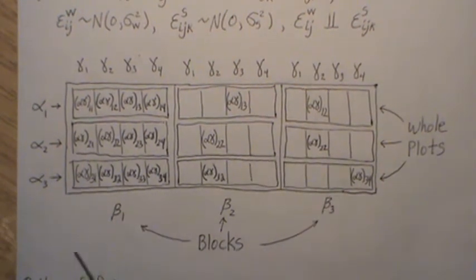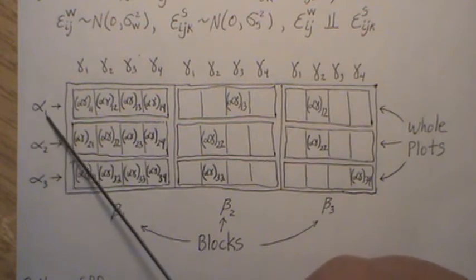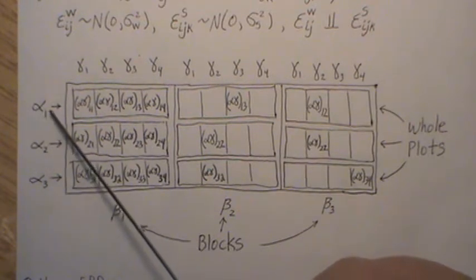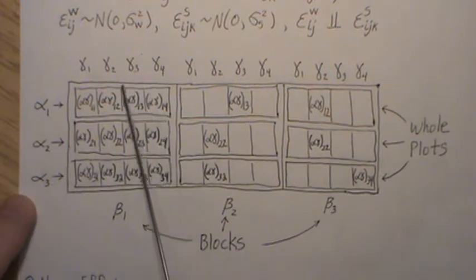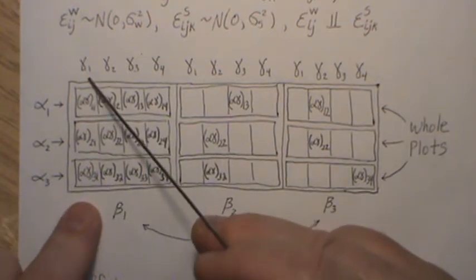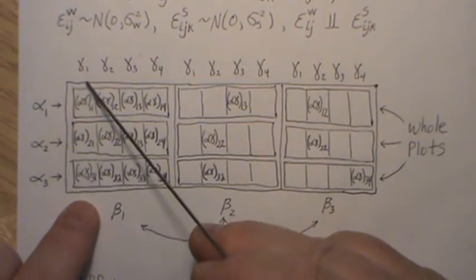Now, there's an overall effect for the first factor, alpha 1, alpha 2, and alpha 3. So that's this effect, and this effect, and this effect. And gamma is the effects for the second factor.